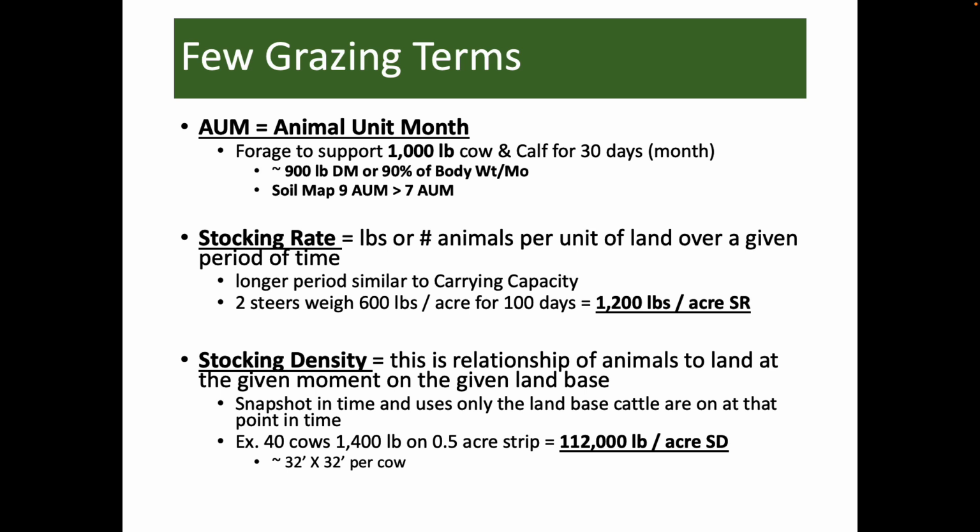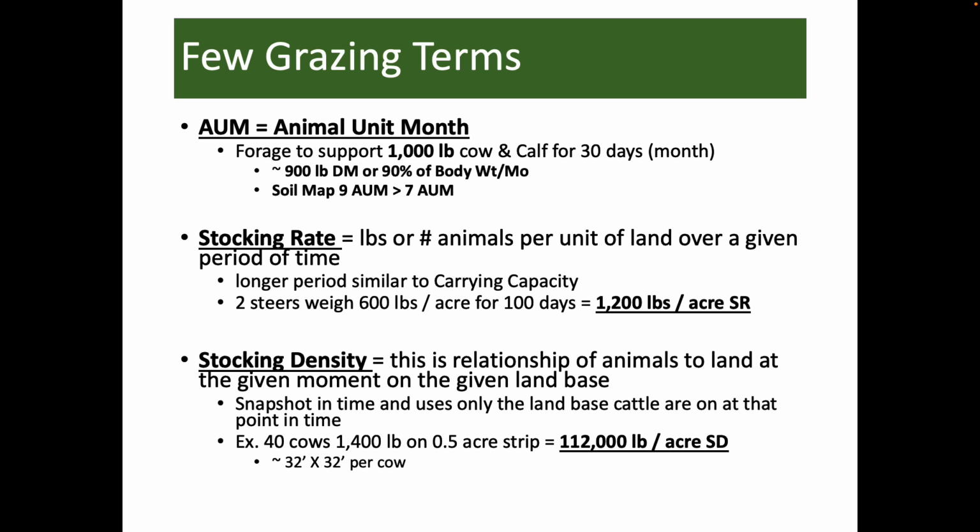A couple of definitions: animal unit month, which is used a lot with NRCS when you talk to them about setting up grazing plans. Back in the 50s, I believe, an animal unit was set at 1,000 pounds, essentially meant to be equivalent to one mature cow and a calf.